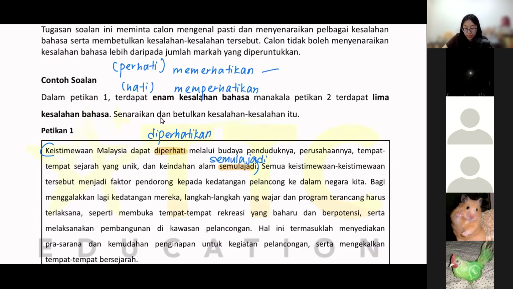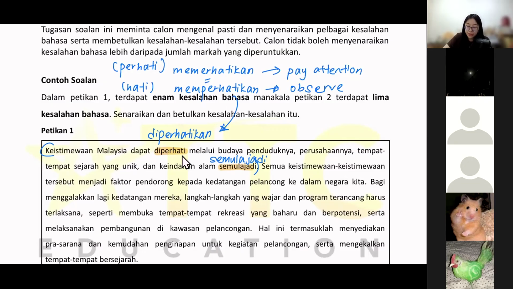Memerhatikan is like you pay attention to, it's actually similar. And this one is like observe. So since this original is hati, you have to put diperhatikan, instead of diperhati, because you are changing to passive.